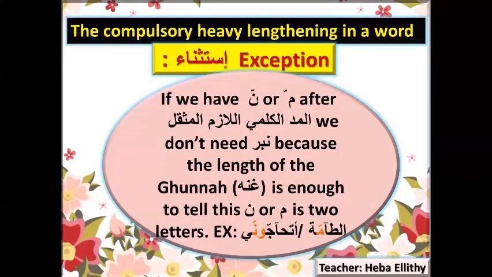Today and the last class, we talked about the case when we stopping and connecting. In both cases, we should make Nabr. If you connect or if we stop, in both cases we make nabr in the Waw Shadda or Yaa Shadda. That means all the time in the second letter from the Shadda letter after al-Madd al-Kalami al-Lazem al-Muthaqqal.